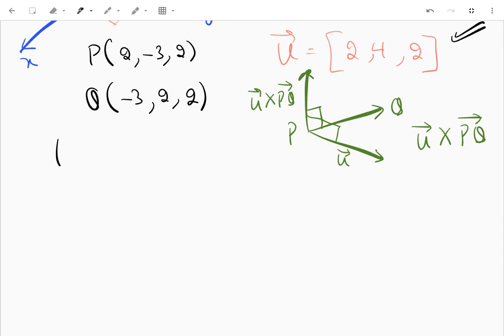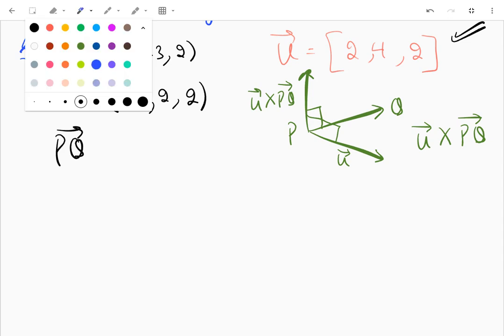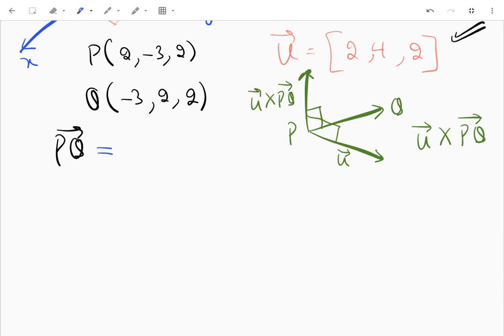Now our PQ vector will be Q minus 3, 2 minus 3, and 2 minus 2. Let me make a little change here.